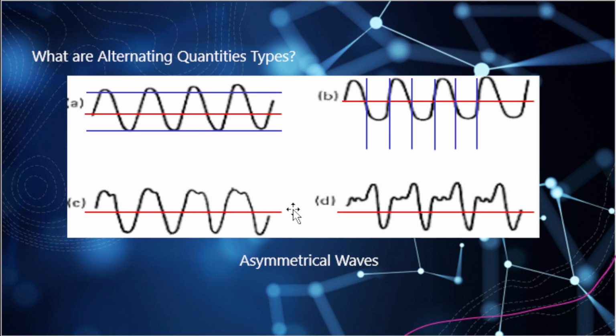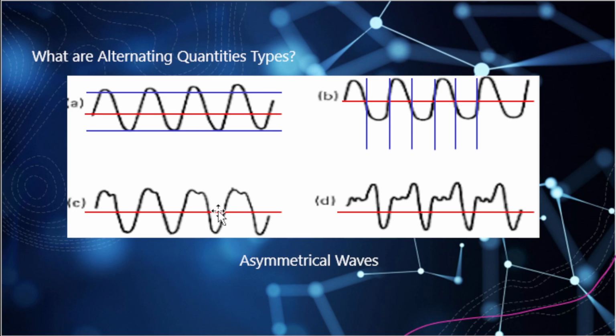However, not necessarily are all asymmetrical waveforms bad. For instance, when I'm working on guitar amps, they have the ability, or some have the ability, to shape the waveform through a shape matrix or overdrive or distortion.